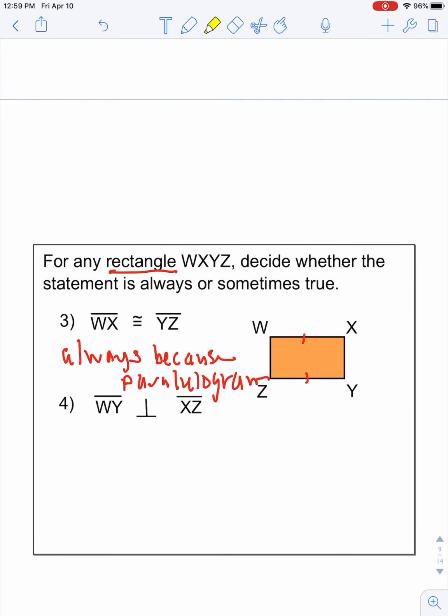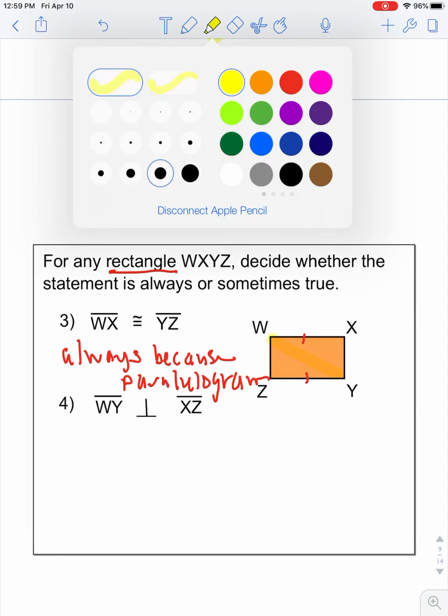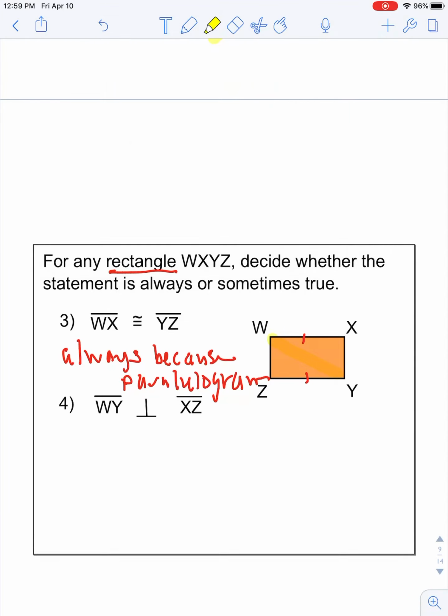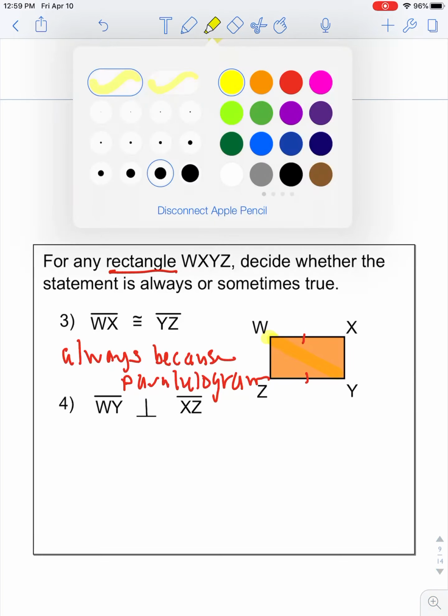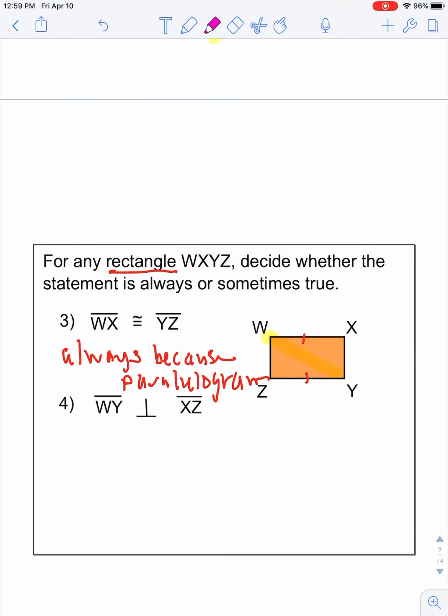Is WY, this diagonal right here, going to be perpendicular to XZ?